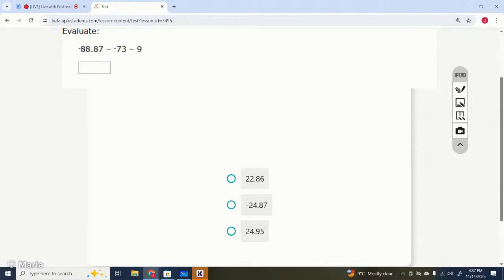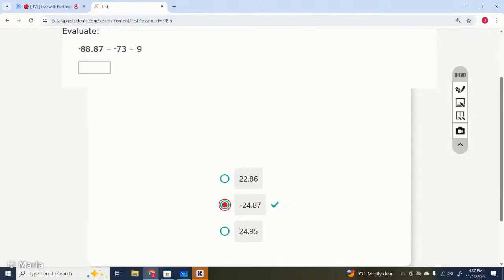You simply have to subtract them. Negative 88.87 plus 73 minus 9, that equals negative 24.87. Option number 2 is the correct option.